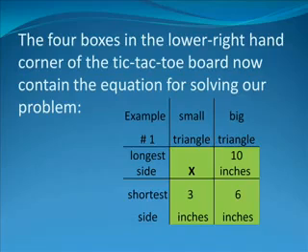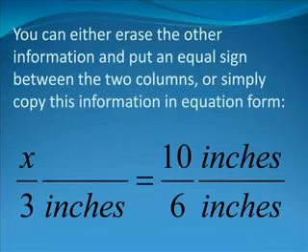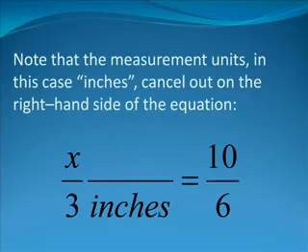You can either erase the other information and put an equal sign between the 2 columns, or simply copy this information in equation form. Note the lower 4 squares in the box on the right-hand side. Your equation form reads like this. X over 3 inches is equal to 10 inches divided by 6 inches for this particular problem.